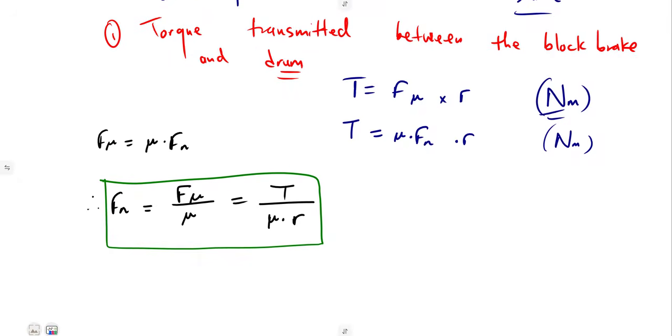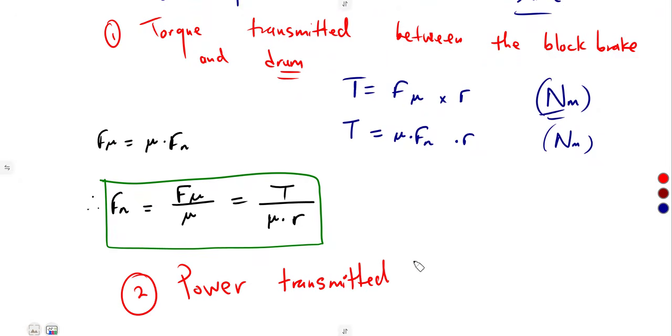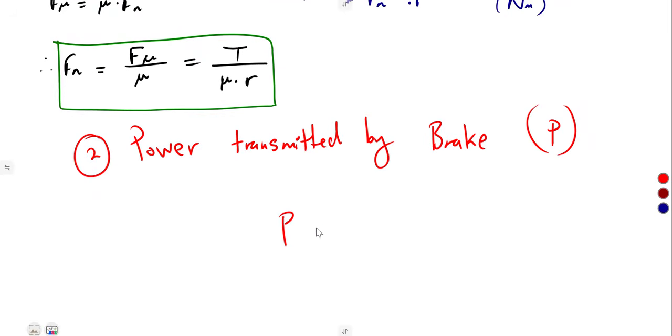All right, let's move on to another basic formula that you're also going to be using now and again, which is the power transmitted by brake. Power transmitted by what? By brake. So that's our P. As the power transmitted, we are going to have this one as 2 pi nT over 60 as before.